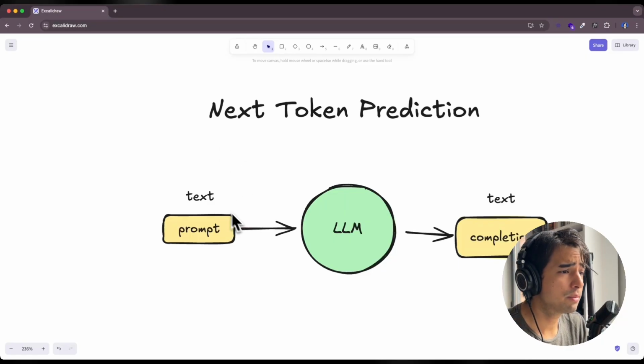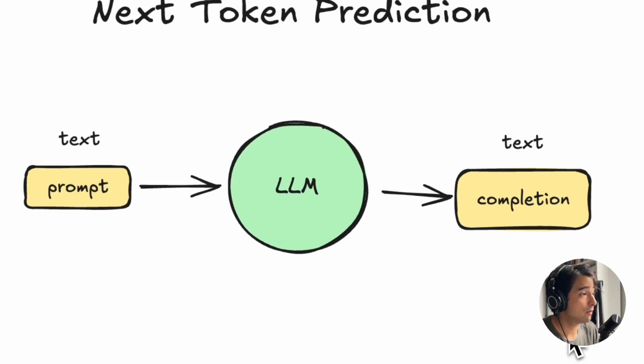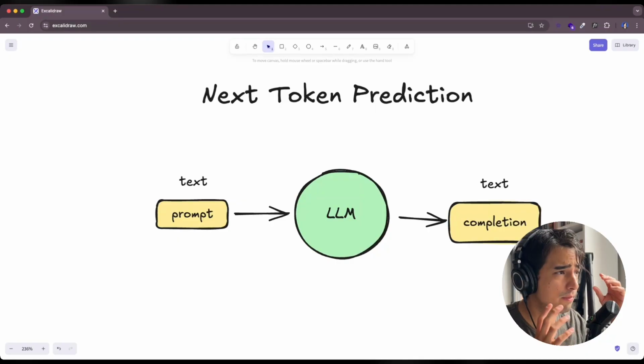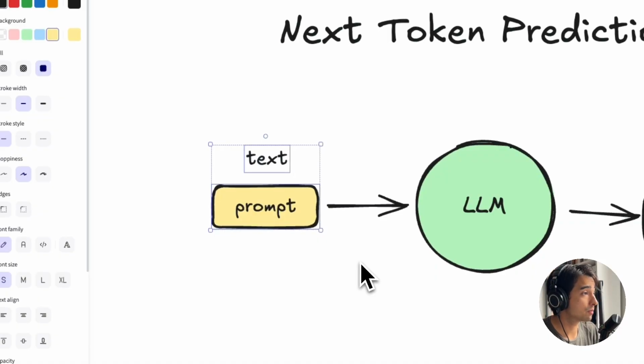So in this example, we have a very quick diagram of how language models work. This is the best way to think about it, I would say, when using these tools. You have to think about a language model or these AI coding tools as essentially just a text-to-text machine, all right? You're going to send some text to it that is going to be your prompt.